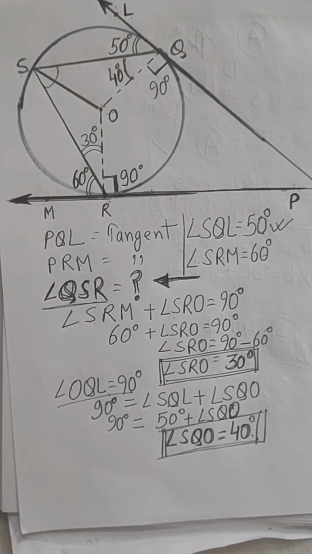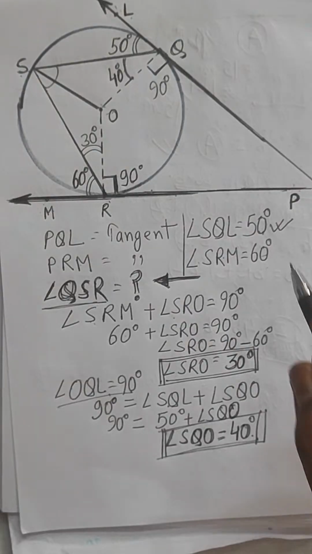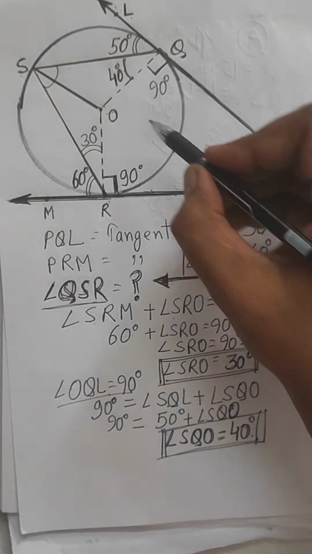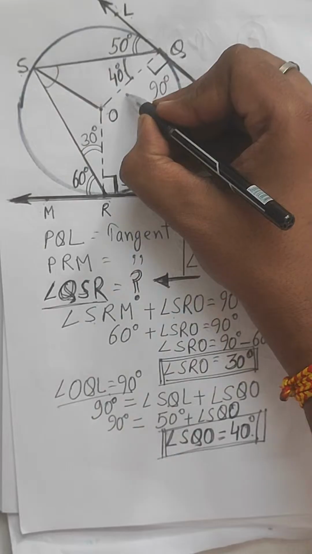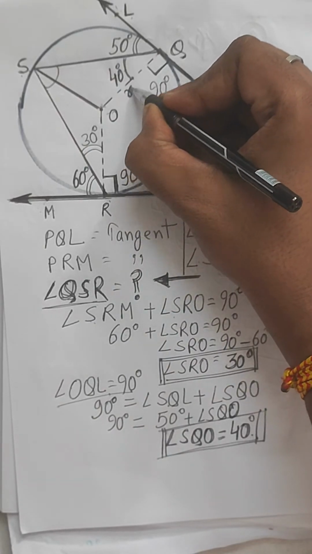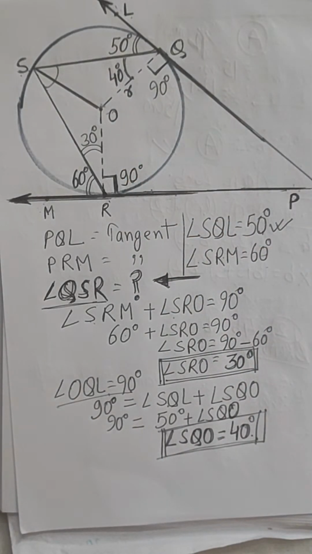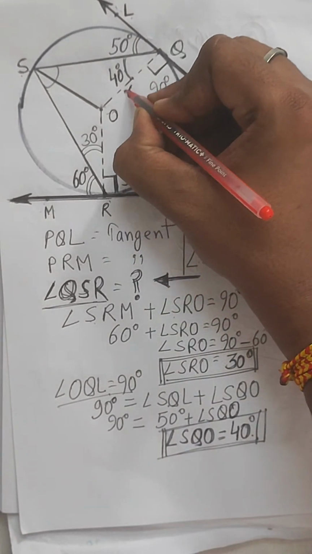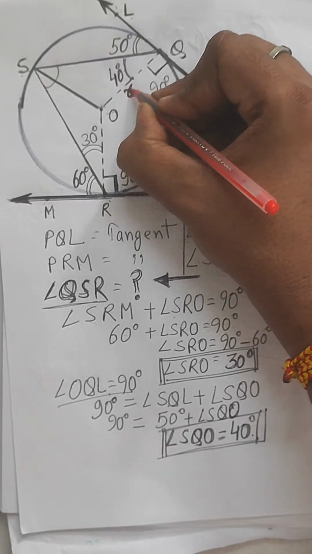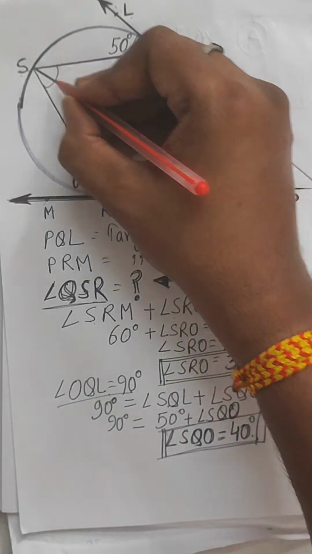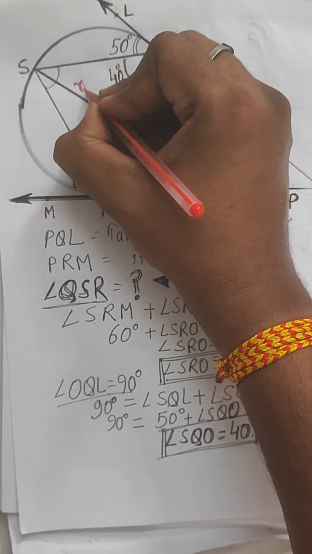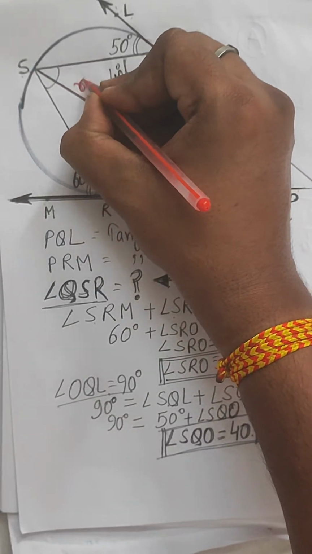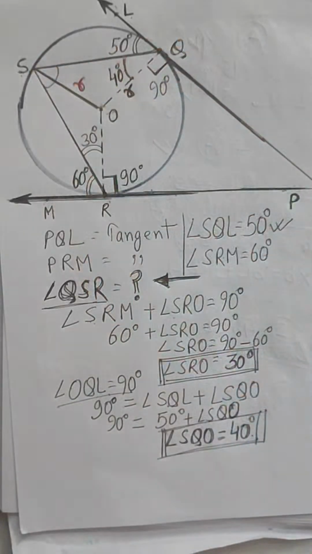To find this angle, we will use another property of the triangle. You know, OQ is a radius to the circle, right? Here, this is the radius. OS is also a radius, because radii of a circle are always equal.